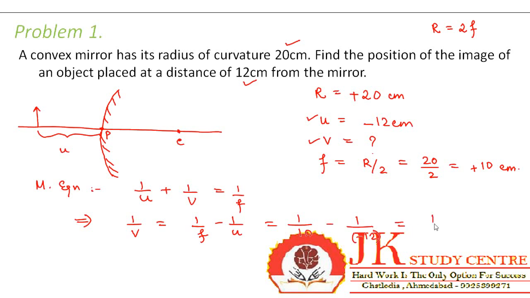So this is equal to 1 by 10 plus 1 by 12. So this comes out to be 11 by 60, or we can say v is equal to 60 by 11 centimeters. So the value of v comes out to be positive. That means the image is formed somewhere here, somewhere on the right hand side of the pole.